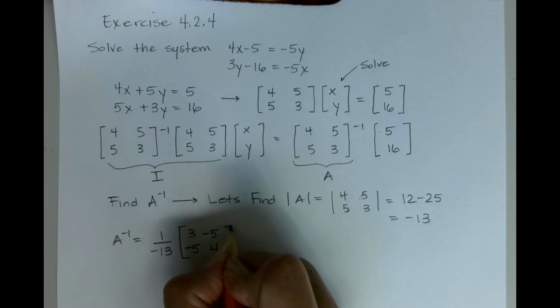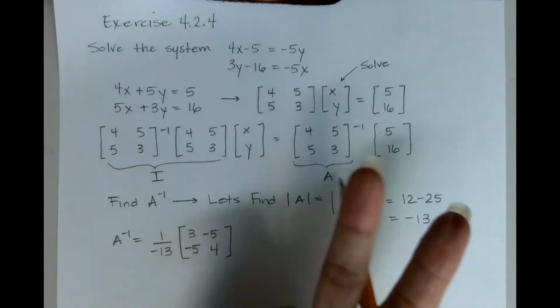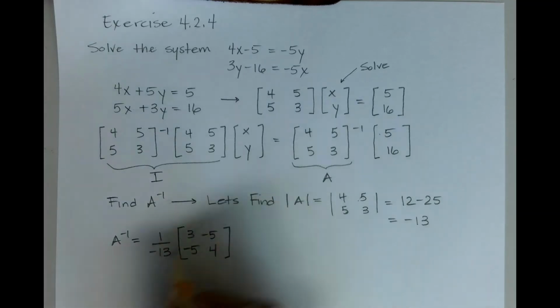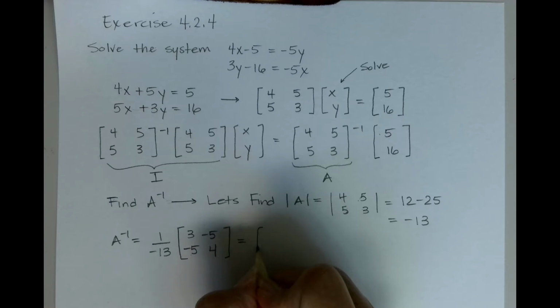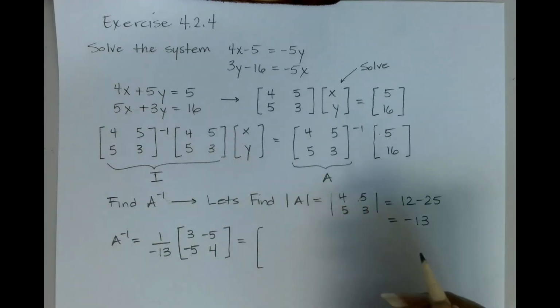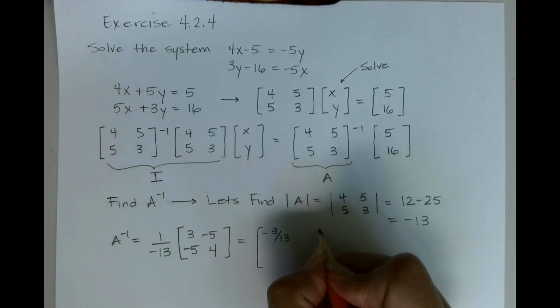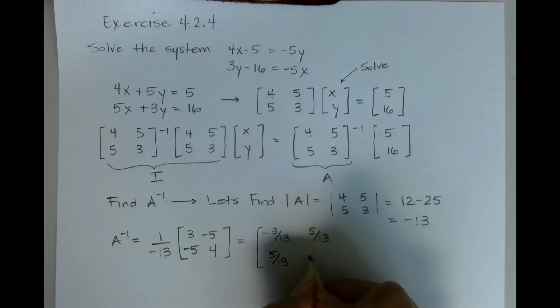They just change signs. So this 5 became a negative, this 5 became a negative, and these just interchange. We are going to distribute this value to all 4 numbers. So we're going to end up with a negative 3/13, a 5/13, another 5/13, and a negative 4/13.